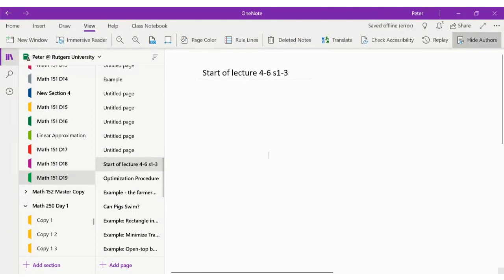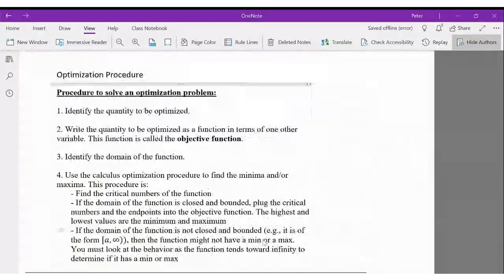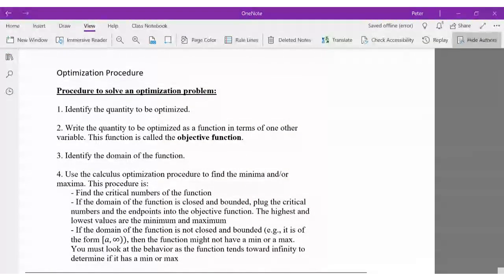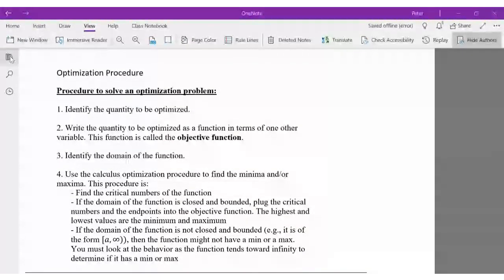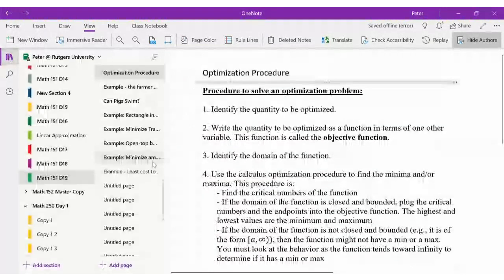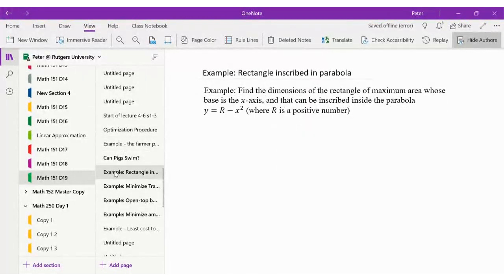Now we're ready to go. Okay. Oh, it looks like that's actually still sharing. Okay, good. So we were covering optimization problems the other day, and we had gotten through the farmer problem, and I believe I had done the rectangle problem, or did I do the open top box?